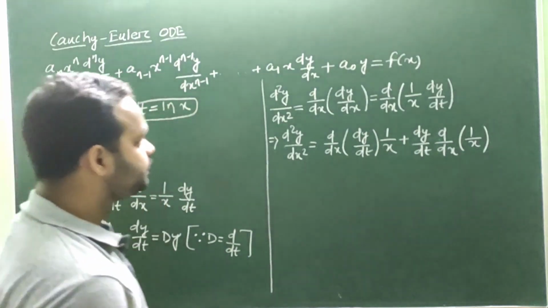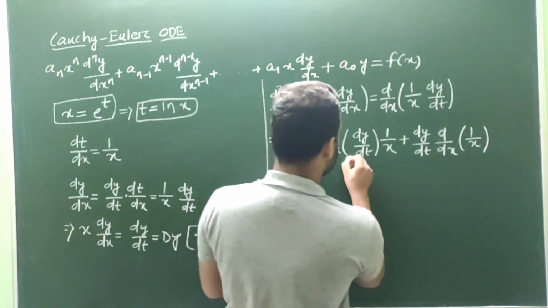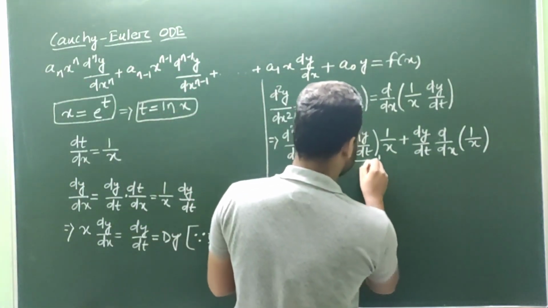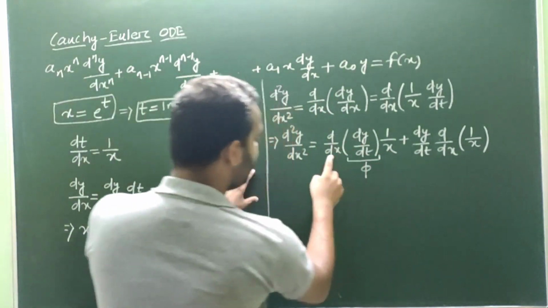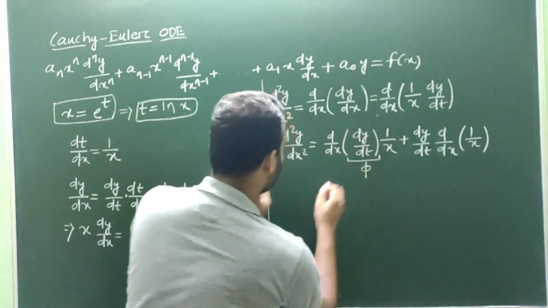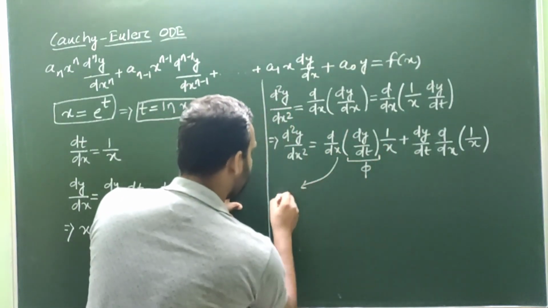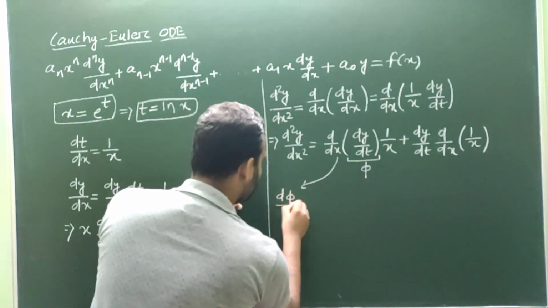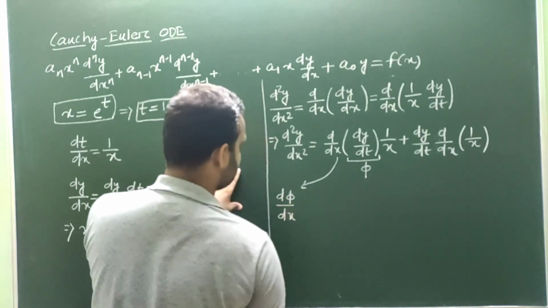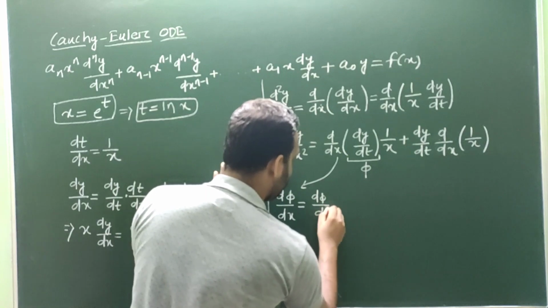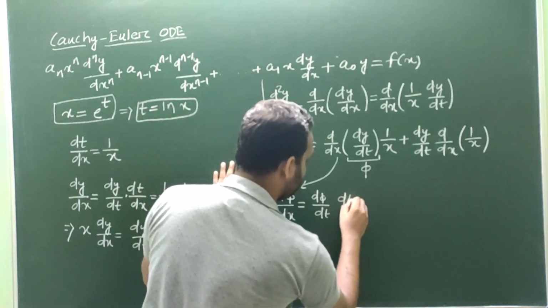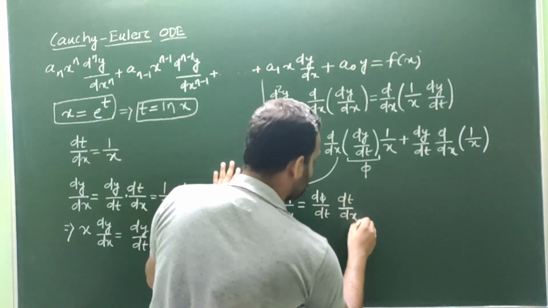Now let's take this as another function. Let's take this as phi. Then this will be d phi by dx. I am taking this as phi. So taking this term here, d phi by dx, we can write down d phi by dt and again dt by dx.